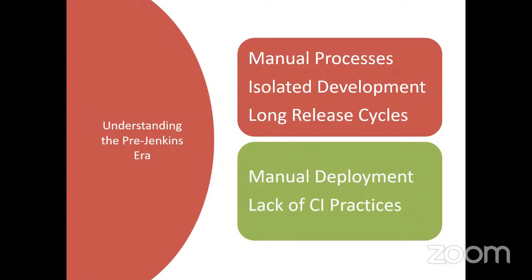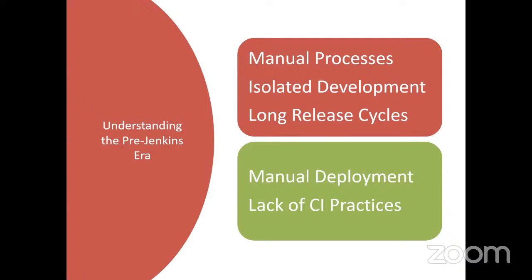Before Jenkins, there was a manual process. You just had to commit the changes. Developers had to manually write the code, and then transfer the zip file to the deployment team. The deployment team would create a build of it and then deploy to the web server.